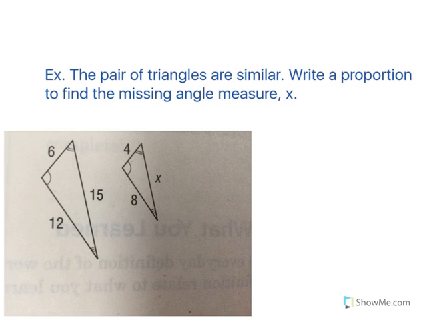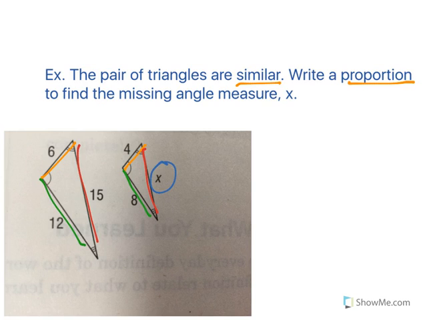And lastly, we have to find an unknown side. The example says the pair of triangles are similar. Write a proportion to find the missing measure x. We're going to be writing a proportion. Proportions, again, are two equal fractions. Because we know they're similar, we know these corresponding sides match up, so we can easily make a proportion to figure out this unknown value of x.